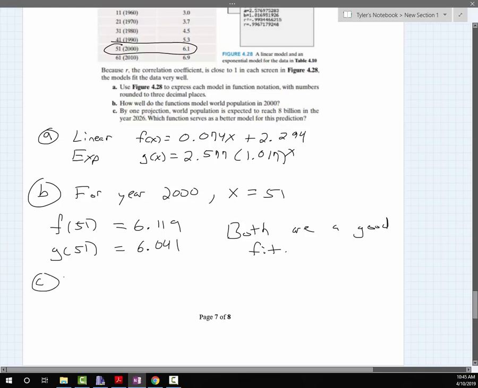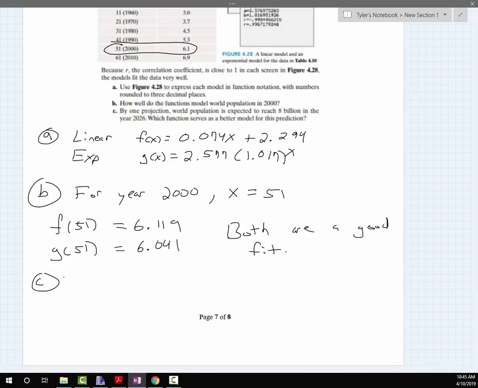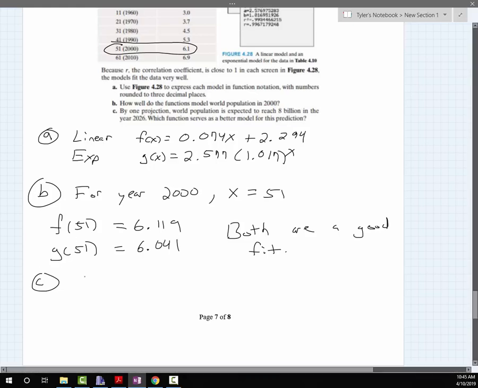So then part C is we're told by one projection the world population is expected to reach 8 billion in 2026. So what we're asked to do is find which function serves as a better model for this prediction.